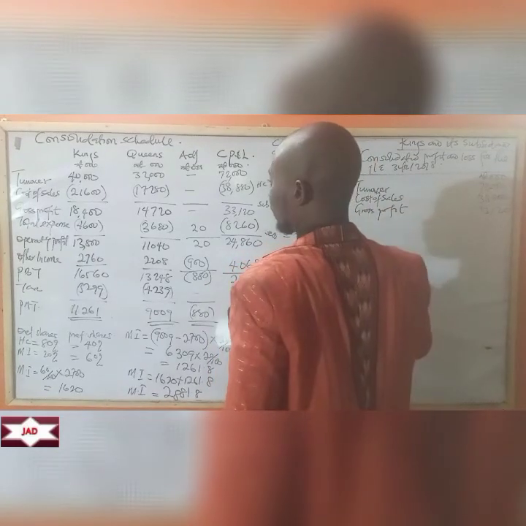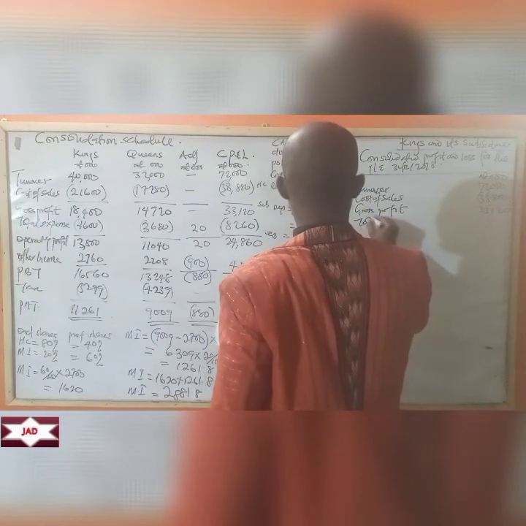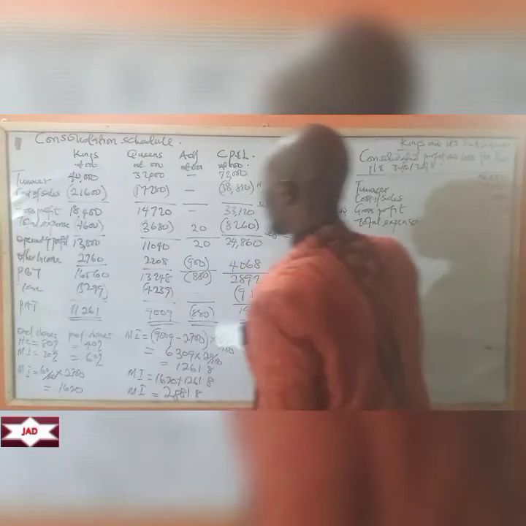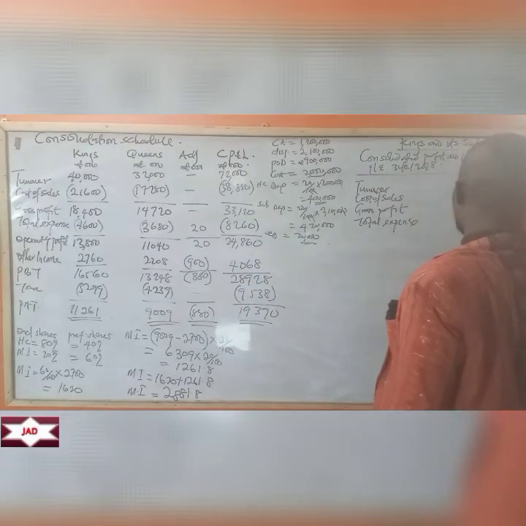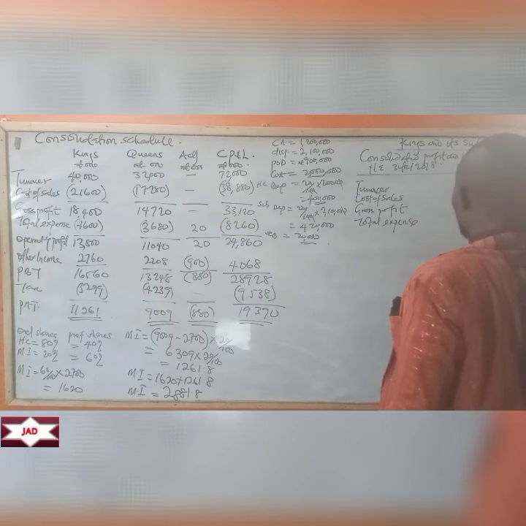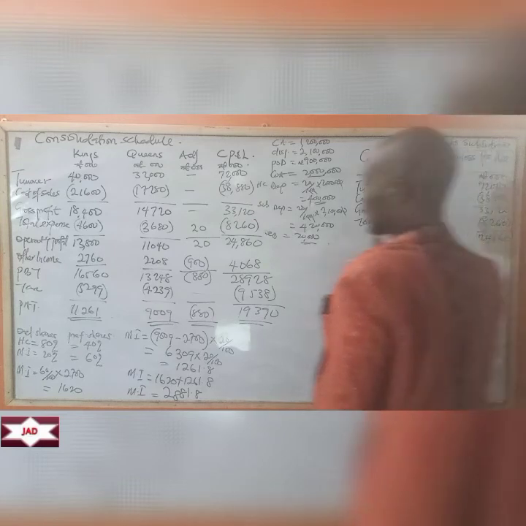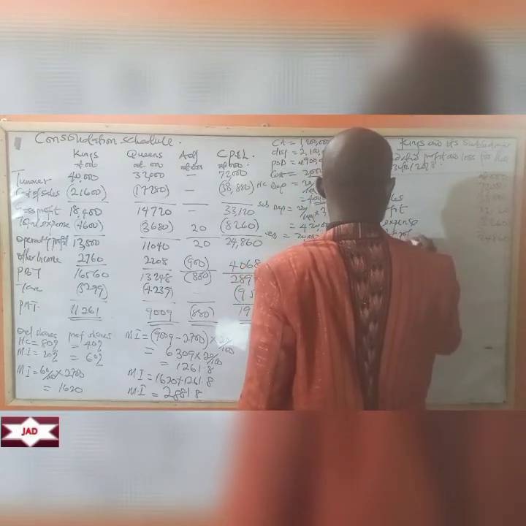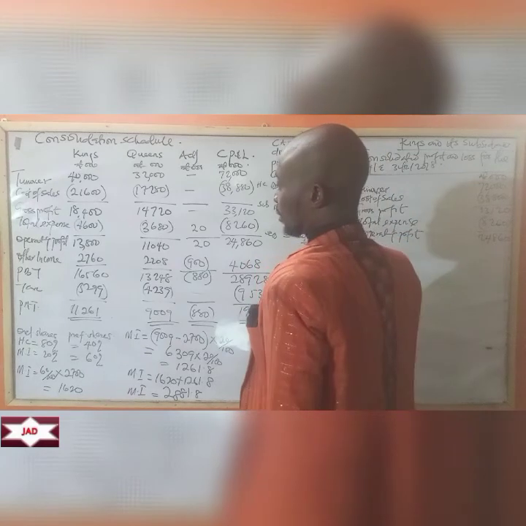So what do we have? Total expense 8,260. We have 24,860. This is what? Operating profit. Then we have other income.